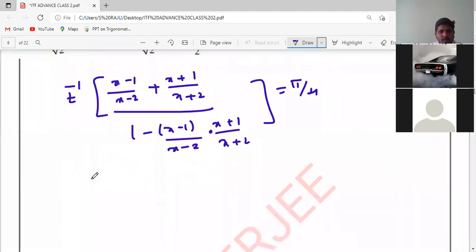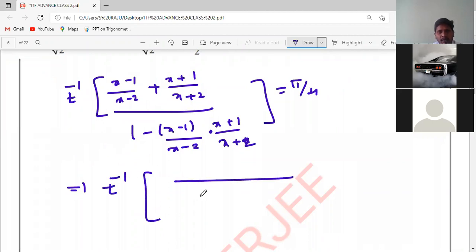So here take the LCM. Numerator LCM and denominator LCM will be the same. So let us write here, when I take LCM in the numerator, x minus 2, x plus 2. Numerator here is going to be x minus 1 into x plus 2, plus x plus 1 into x minus 2.